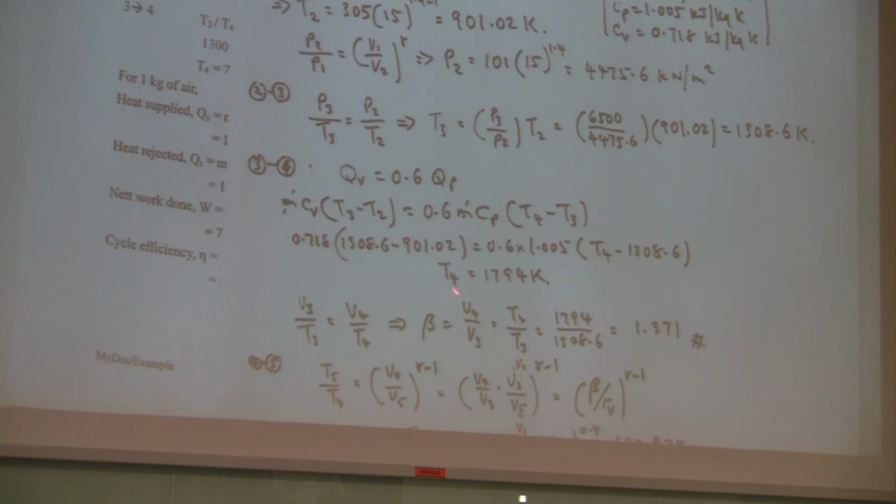So you go back and pick up the definition. Your cut-off ratio is actually V4 over V3, volume V4 over V3. Your compression ratio is actually V1 over V2. These are definitions for the terms. More or less you have to know the definition.